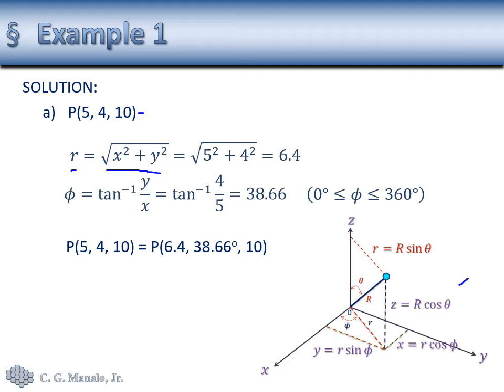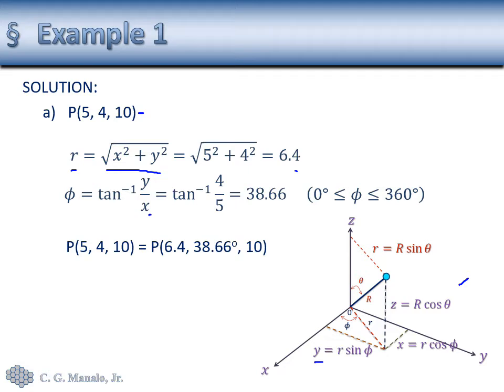So that will give us 6.4 units. To find phi, we can use the inverse tangent formula. So that would be the ratio y divided by x. And that will give us 38.66 degrees, so the point would be located in the first quadrant.